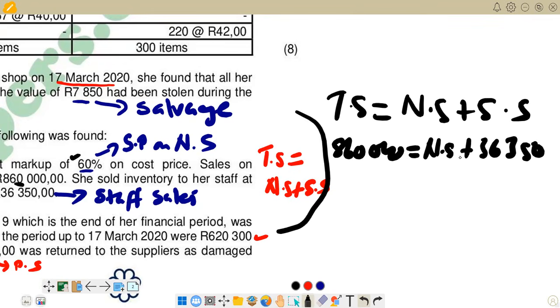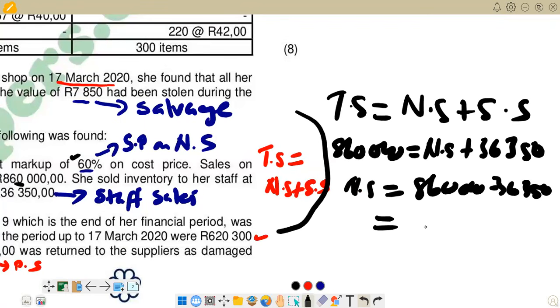So we can find the figure for normal sales using the formula. Normal sales is equal to 860,000 minus 36,350. Then we get the figure for normal sales is 823,650.